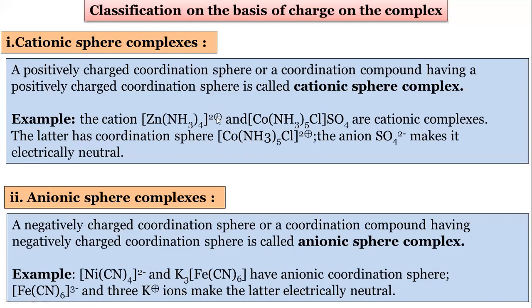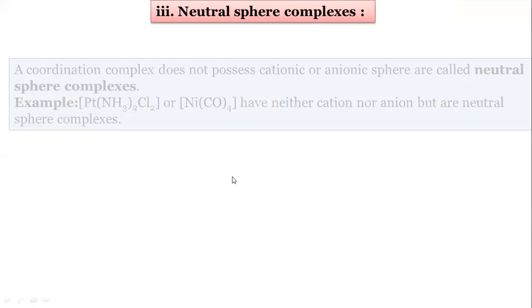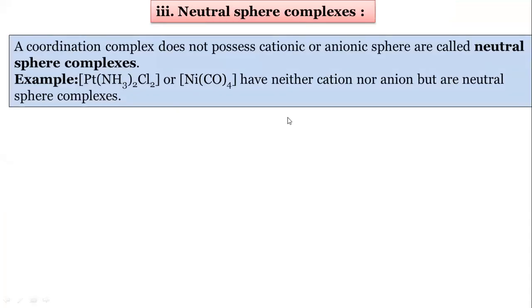When there is a positive charge, it is called a cationic complex, and when there is a negative charge, it is an anionic complex. When there is no charge, it is called a neutral sphere complex. See, this example is given with no charge: [Pt(NH3)2Cl2] and Ni(CO)4, tetracarbonyl nickel. There is no charge on the complex.